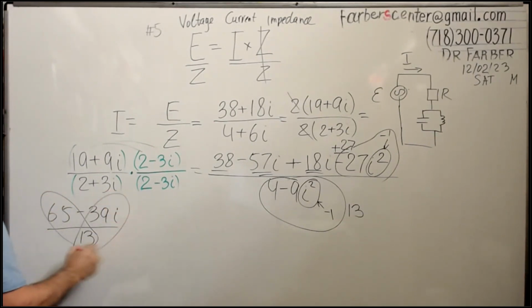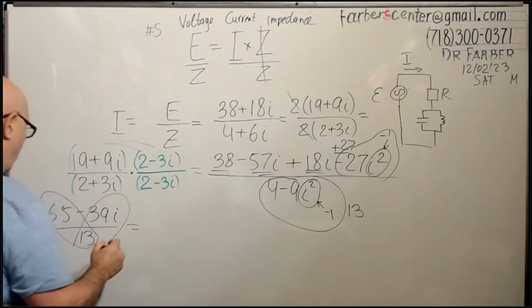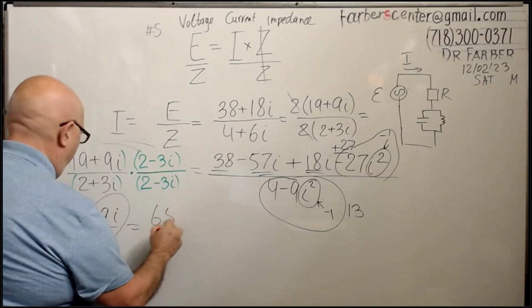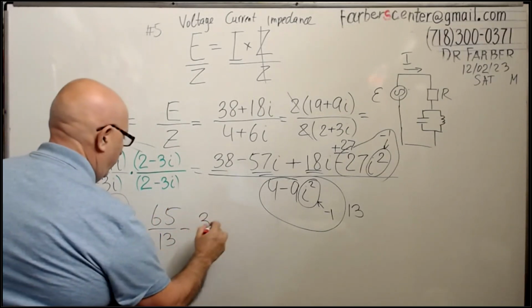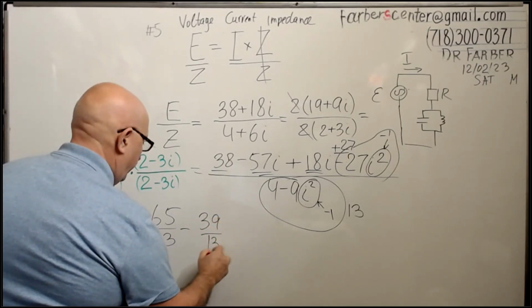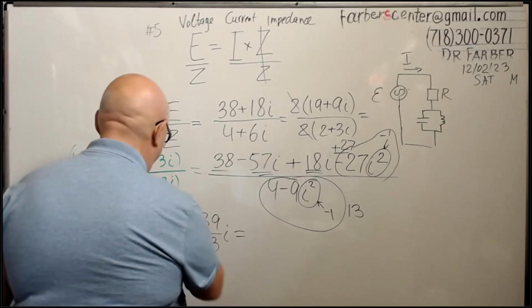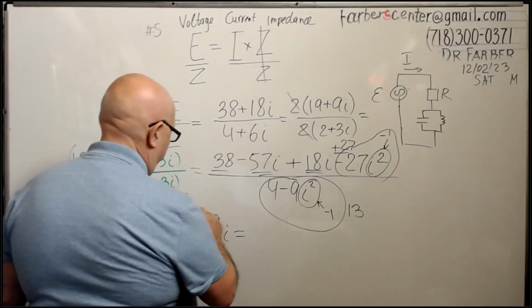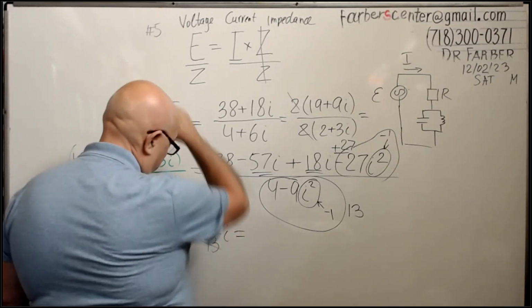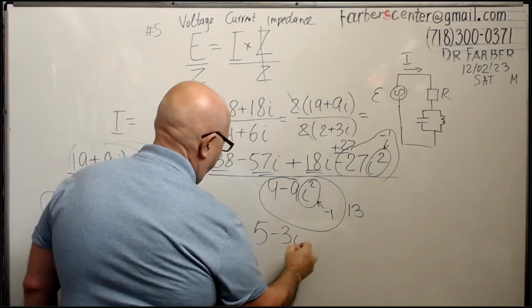Divide each of these terms: 65 over 13 minus 39 over 13 i equals... 13 goes into 65 five times, and 13 goes into 39 three times. You'll get 5 minus 3i.